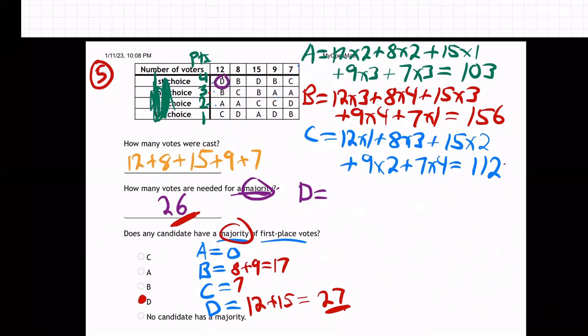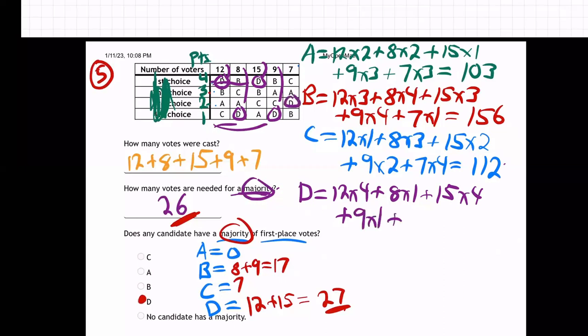So here's D right here. 12 people gave D 4 points. Here's D here. 8 people gave D 1 point. Here's D here. 15 people gave D 4 points. Here's D right here. 9 people gave D 1 point.